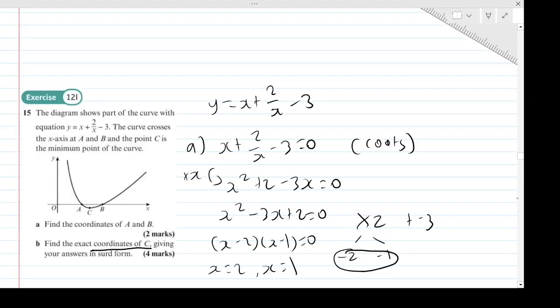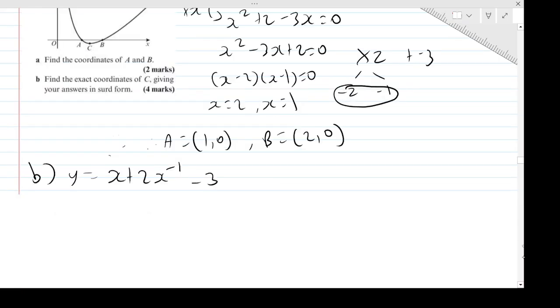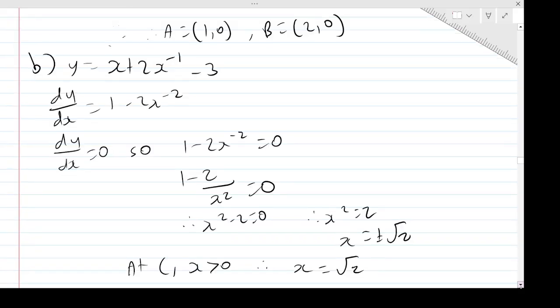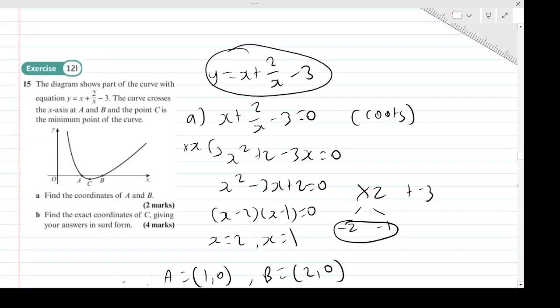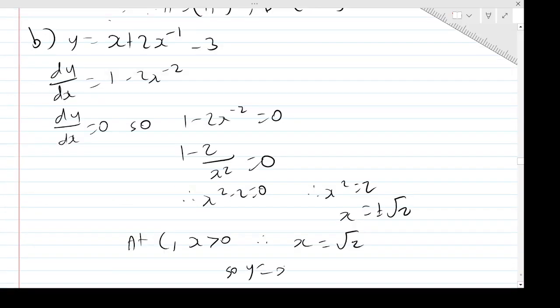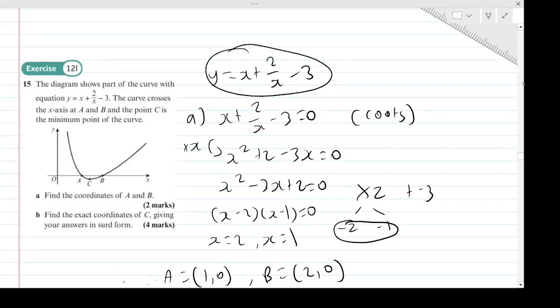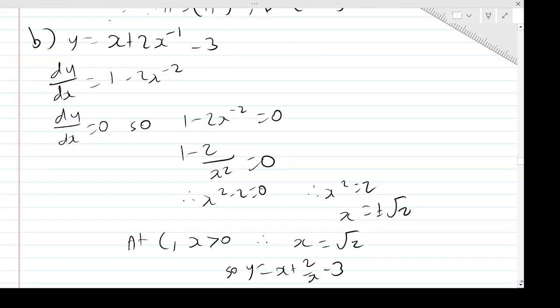And so it then wants the coordinates of C. So it wants the y value as well. So we found the x value, but we know that y is x add 2 over x minus 3. So therefore the y value when x is root 2. What was y again? Y was x plus 2 over x minus 3. Yes, okay.